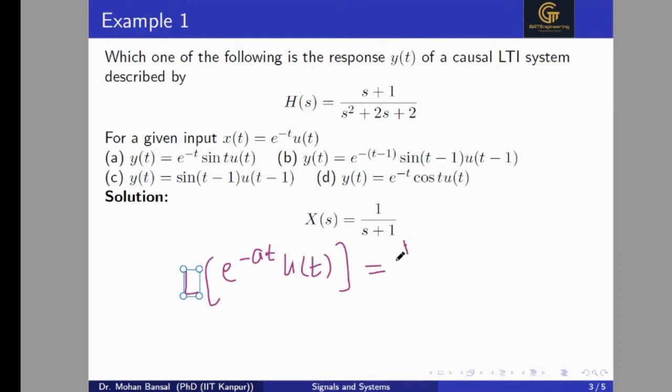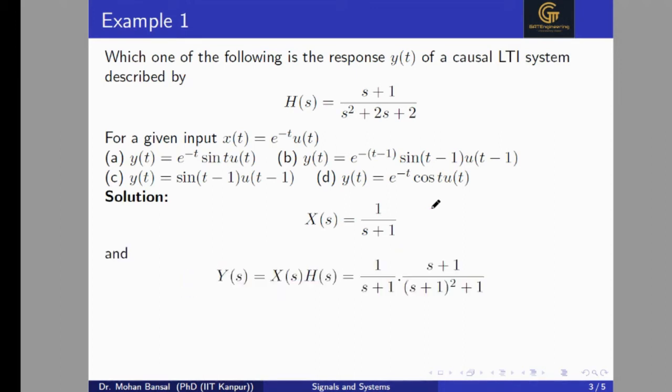In this given signal e^(-t) u(t), a is equal to 1. So we can replace a with 1 here, and we get X(s) equal to 1 divided by (s + 1) for the given input signal. So now we have X(s) and we have H(s).